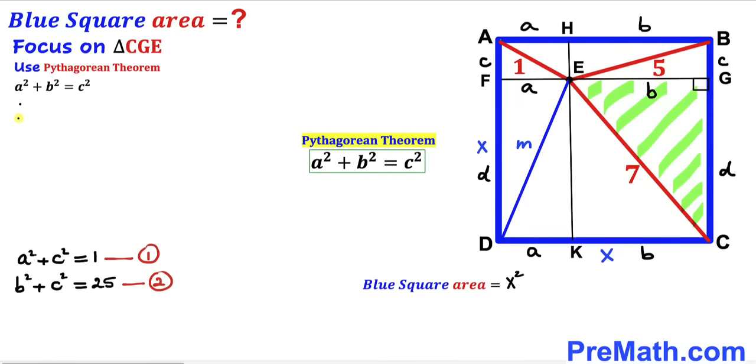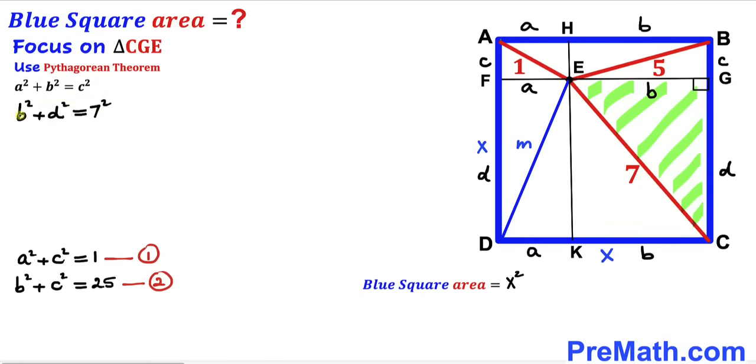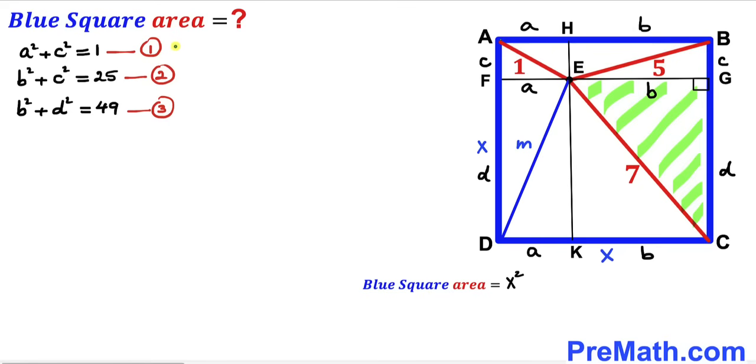We get b squared plus d squared equals 7 squared. So we can write b squared plus d squared equals 49, and I'm going to label this as equation number 3. So here we end up with this system of 3 equations: equation 1, equation 2, and equation 3.